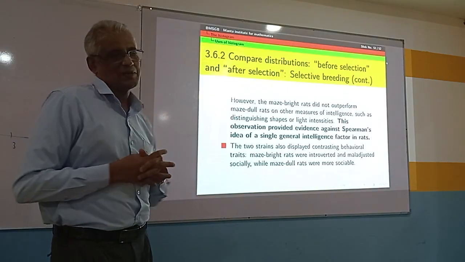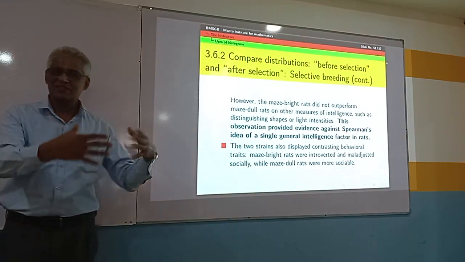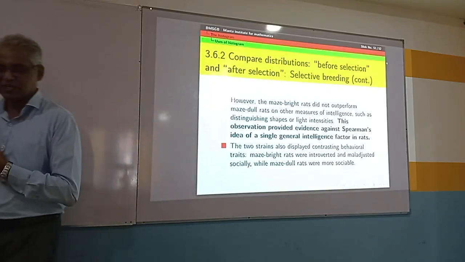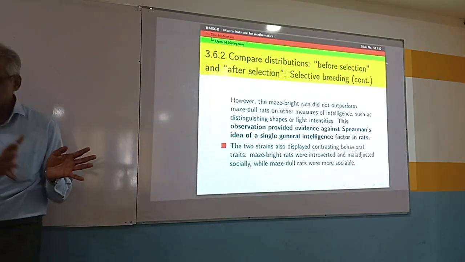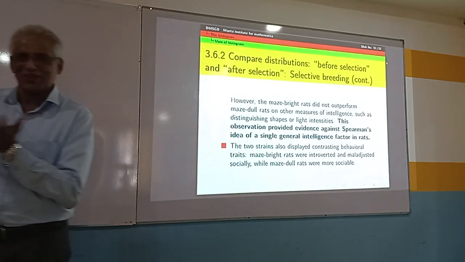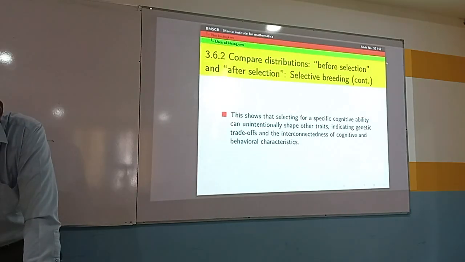Social ability, for example, was maybe related to maze brightness. Being able to go through this maze is probably somehow related to a social ability gene, maybe. That's what has happened.